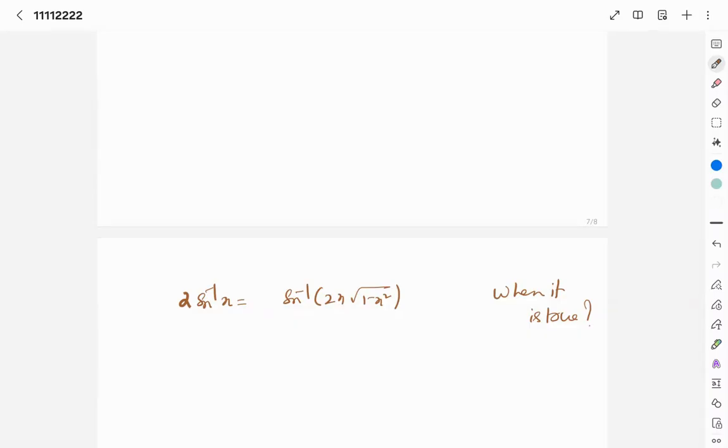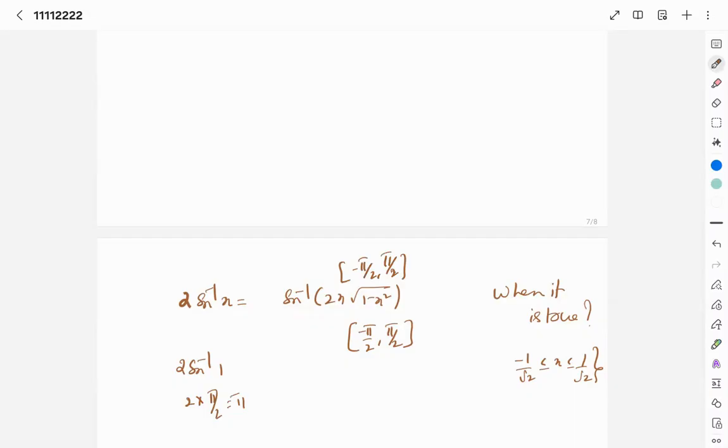Sir, his answer is minus 1 by root 2 to 1 by root 2. Yes. The problem here, I am explaining once again. 2 sin inverse 1, you write 2 into 90, which is pi, but the sin inverse range is restricted. So this is not true.